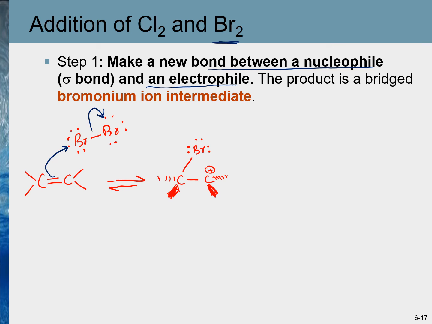This bromonium ion is resonance stabilized, and the resonance structures are shown here. The bromonium ion has three resonance stabilized structures, so let me draw all three.